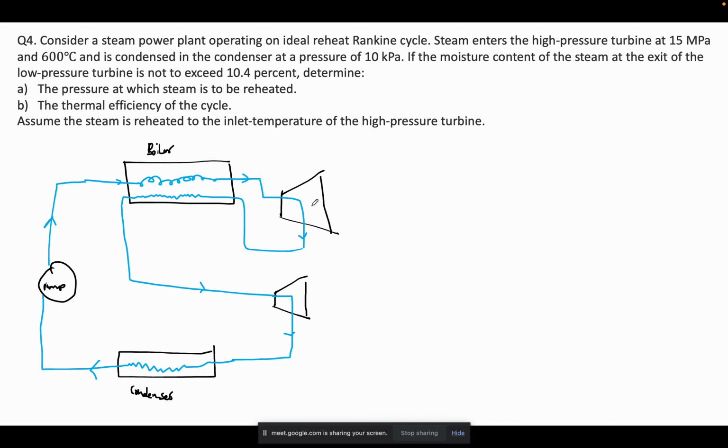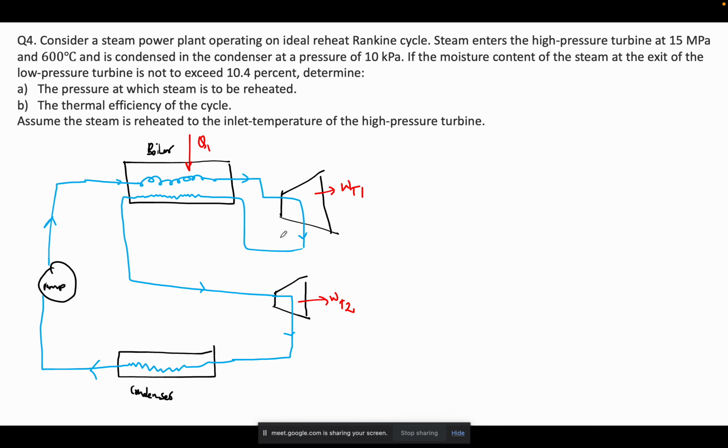This is my turbine 1, and within this turbine 1 there will be some WT1. There will be some heat input Q1. It will expand to a certain pressure level, then reheat back in the boiler, and then expand once again in the second turbine.